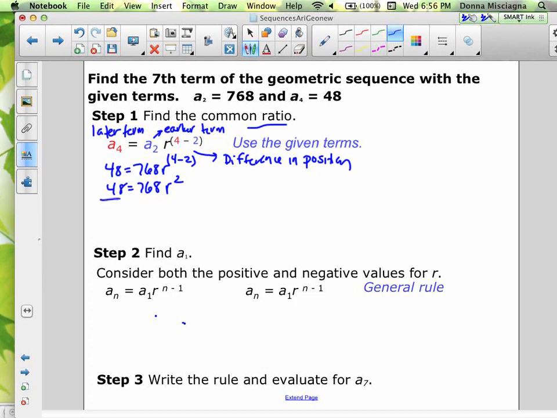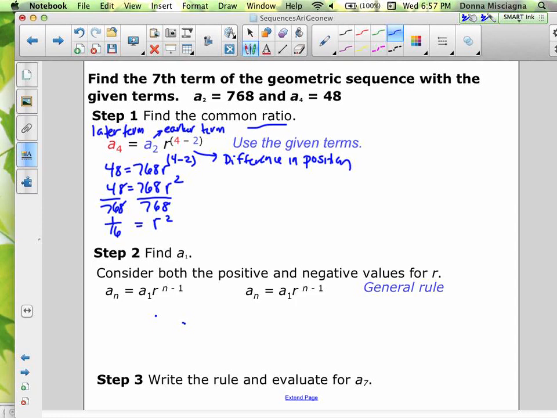We're going to divide both sides by 768. 48 goes in evenly to 768. That would be 1 over 16. So 1 over 16 is R squared.